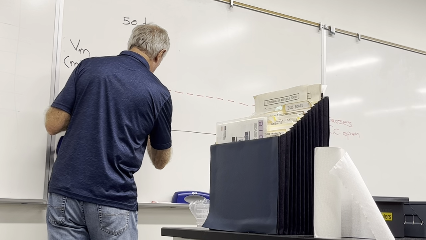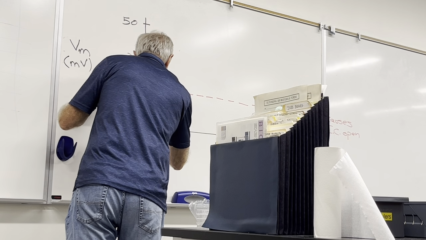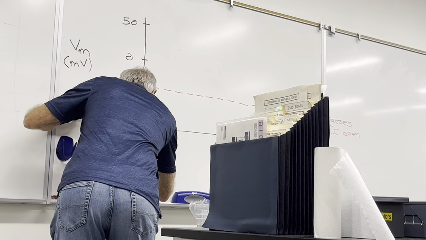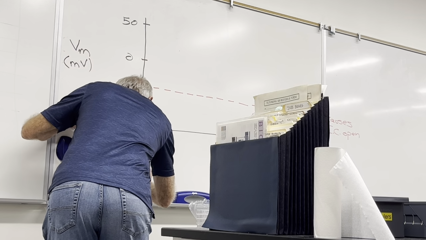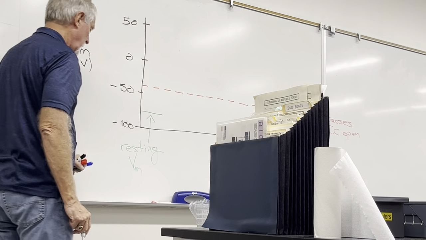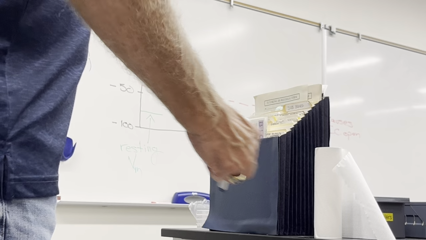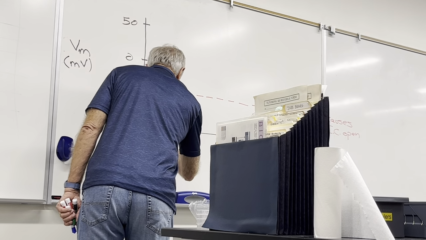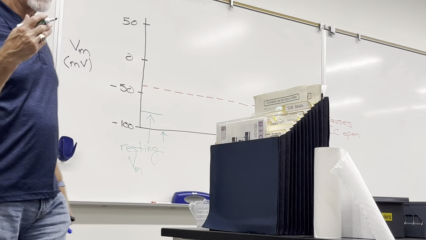Here's our cell in a resting state. I'm just going to write resting V subscript M, and you're just going to read that as a resting membrane potential. We come along, and at this point, we excite our cell.